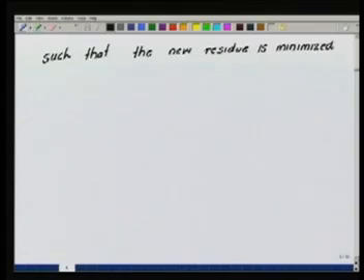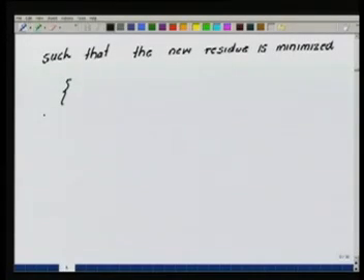Okay. This is what we want. So given the solution at the step i minus 1, I want to go to the step i using this change in the A_{i-1} in such a way that the new residue is minimized.